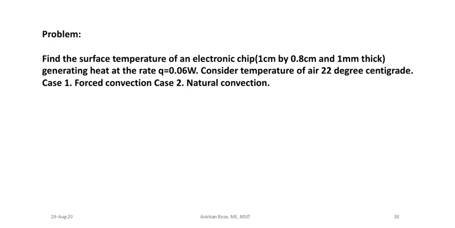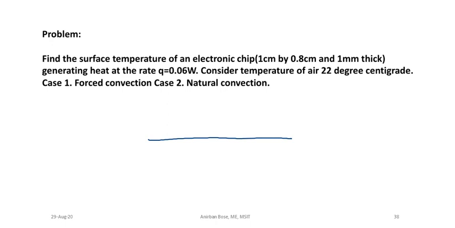Now coming to another problem, and this problem is related to convection, and we have given this example in our earlier section also. Find the surface temperature of an electronic chip.